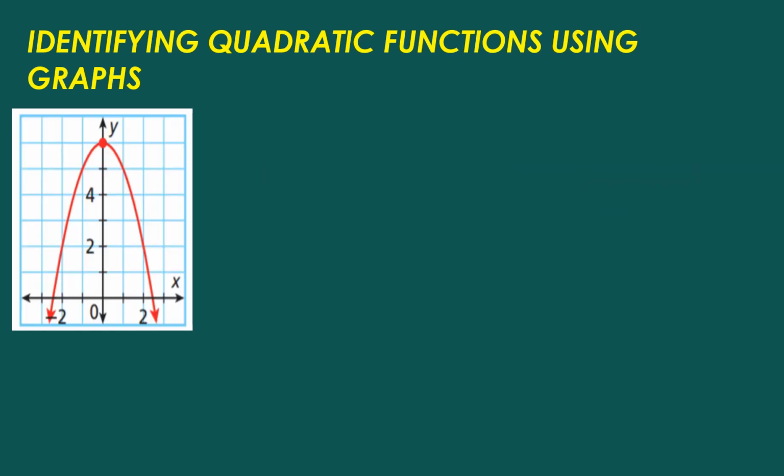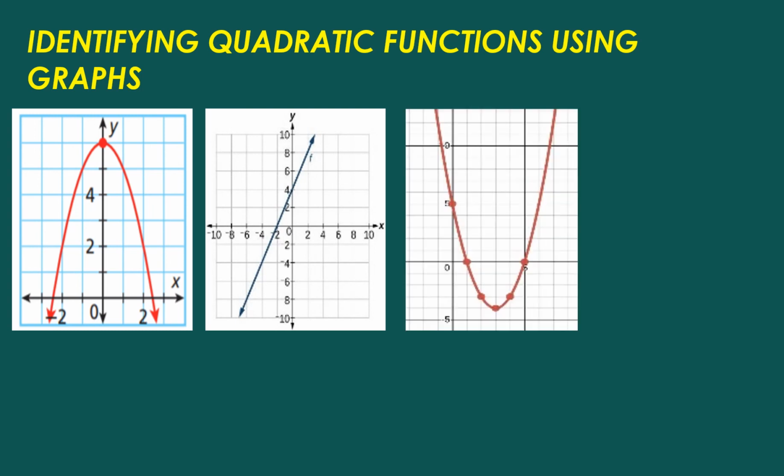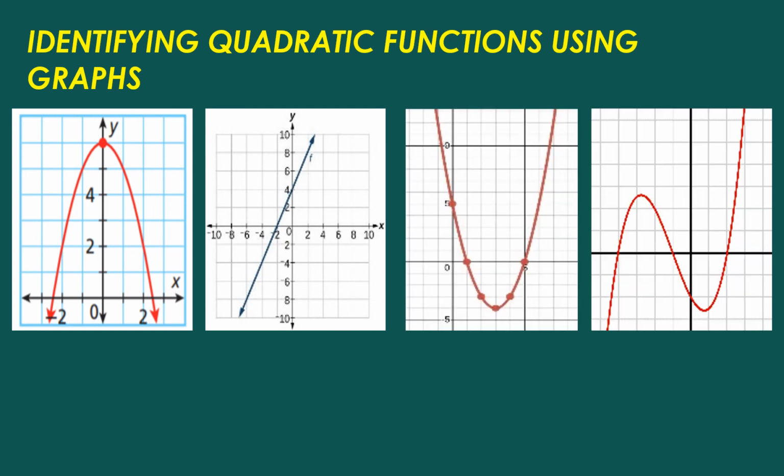Now let us check which of the following graphs are graphs of a quadratic function. Is the first one a graph of a quadratic function? The answer is yes. It is actually a U-shaped graph that is a parabola. This parabola opens downward.